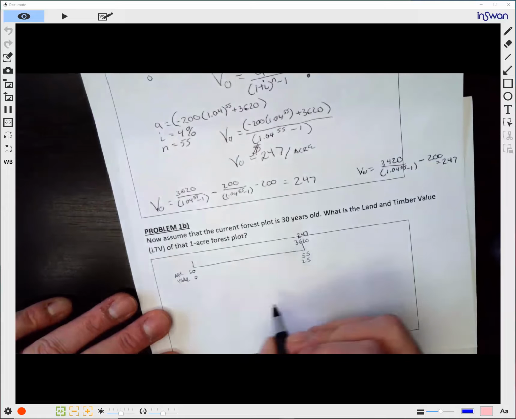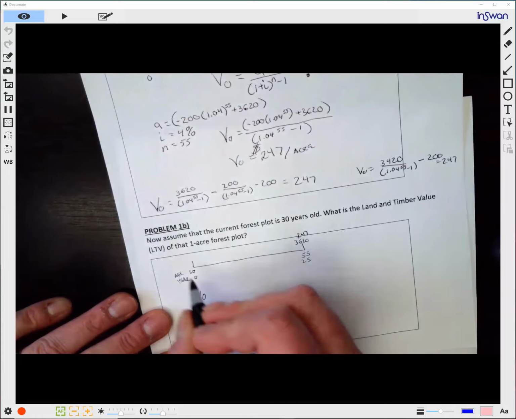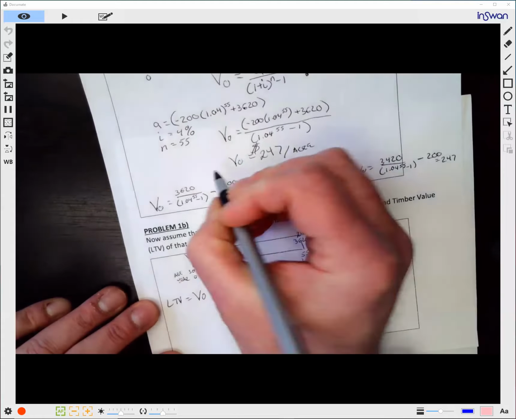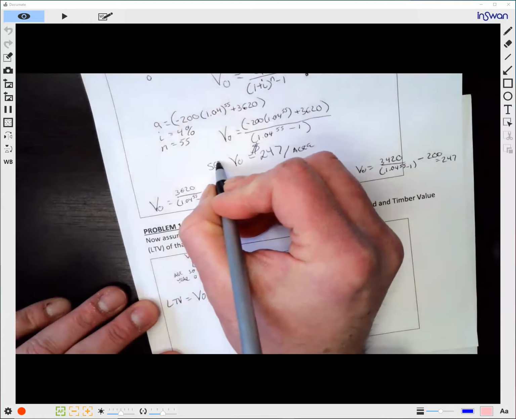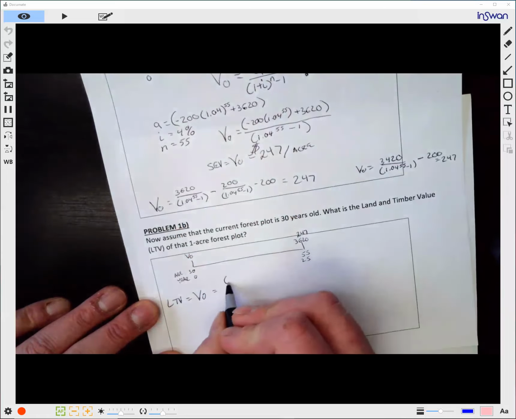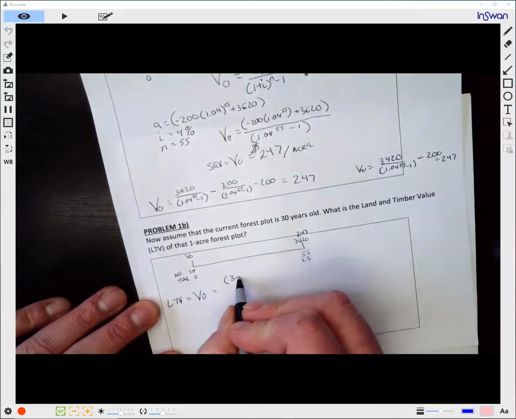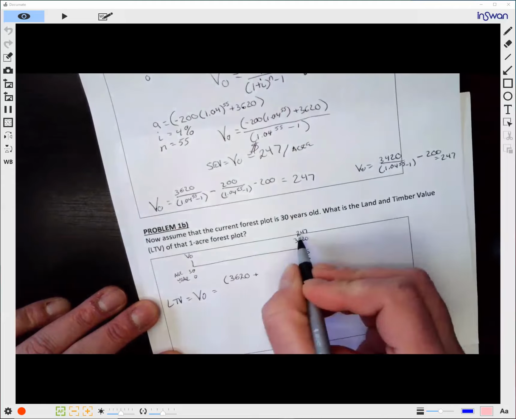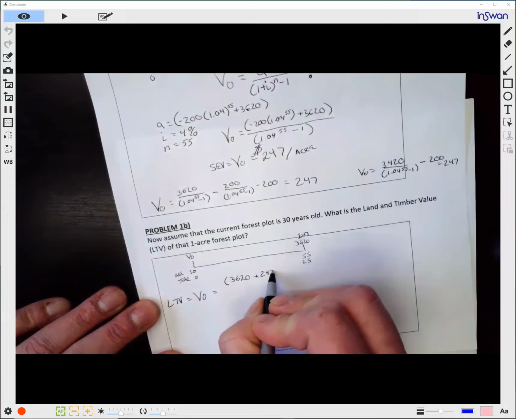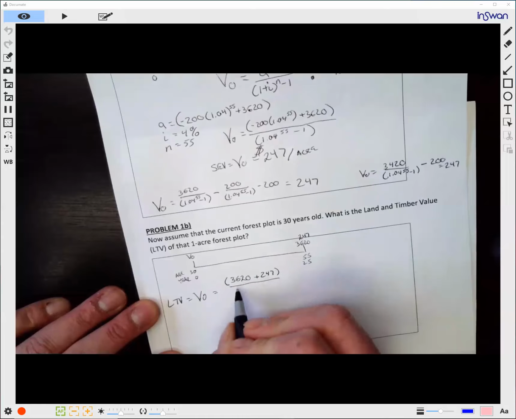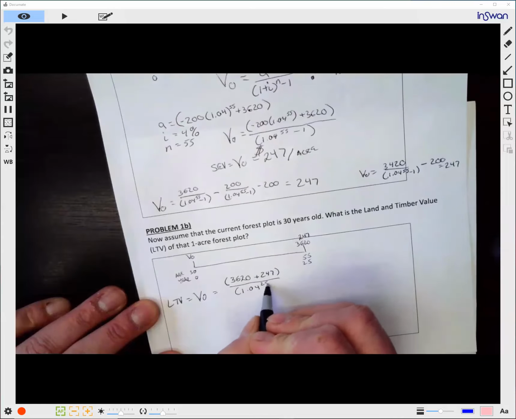I can just take my VO, which is here, which would be my land and timber value, and this would be my soil expectation value, right? I can take that as just being 3620 plus bare land, which is all future costs and revenues, discounted 1.04 to the 25.